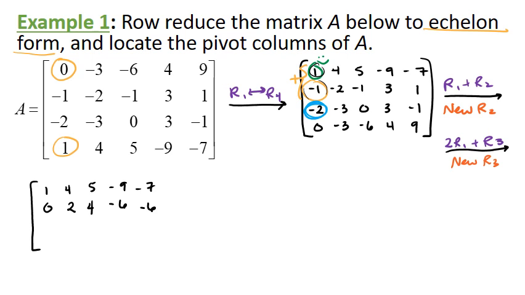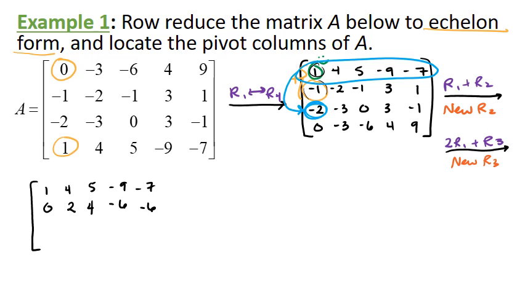So I'm just saving myself a step from having to write this matrix again. I'm going to have a new row 3 by multiplying this by 2 and adding it to here.